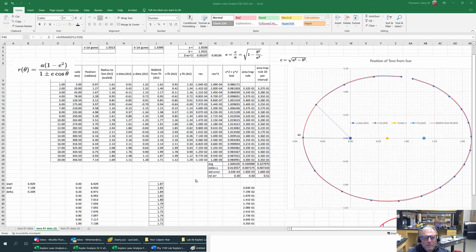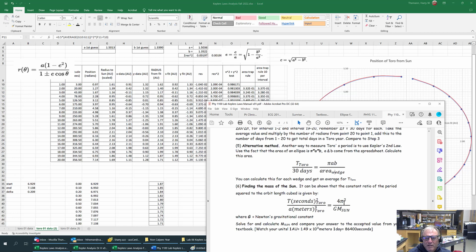Let's take a quick look. Yeah, because we used the radius in AUs. Okay, good. So pi AB will get us the area in AUs, and you have the area in AUs both ways, because A and B are in AUs.